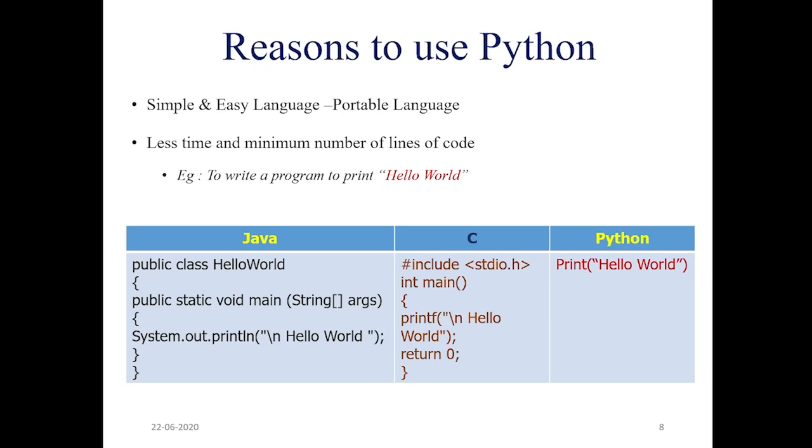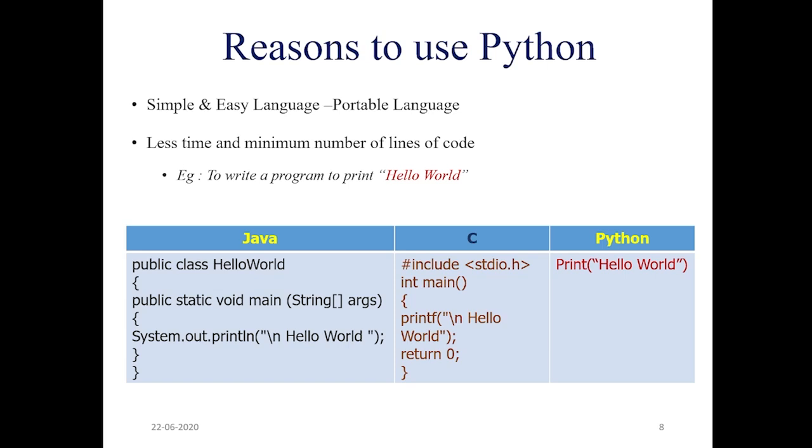What is the reason to use Python programming? As we already know, it's a simple, easy and portable language, and when you compare it with earlier languages like C and Java, it takes only a minimum amount of coding.